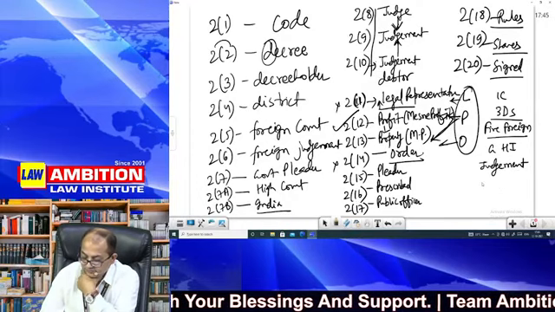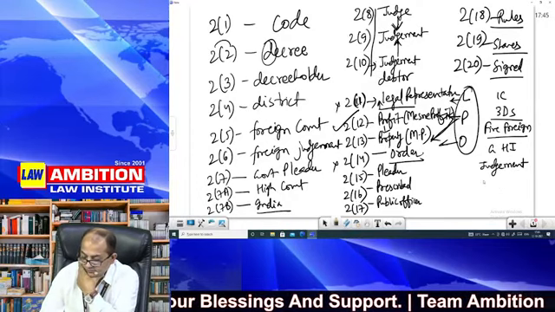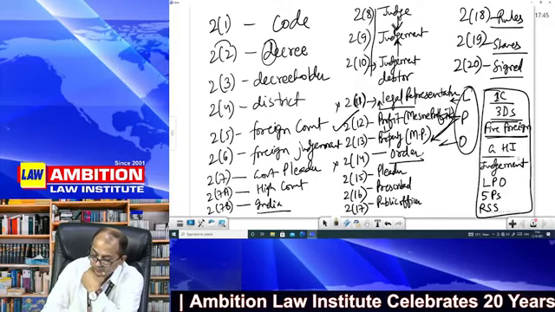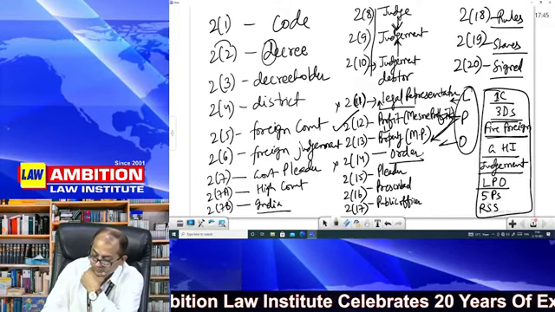Is this clear? Then LPO, then 5 Ps, and then RSS. This is how you can remember the entire section 2. You can now get many more methods, but this is the summary of section 2 memorization.